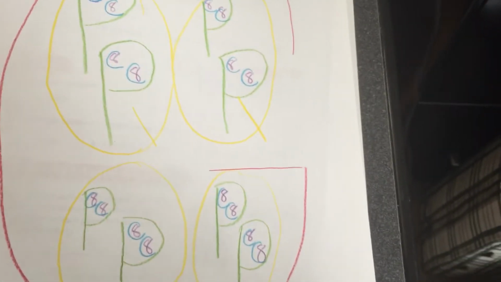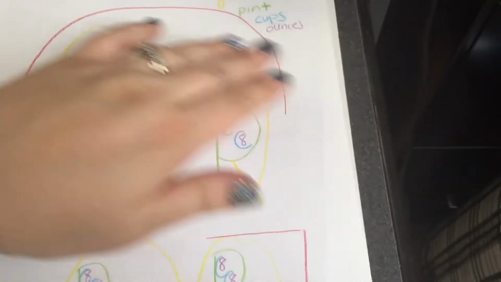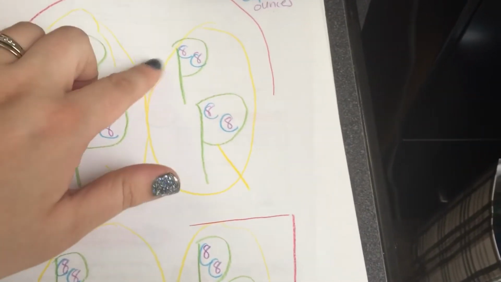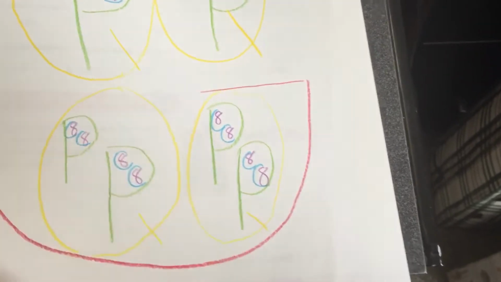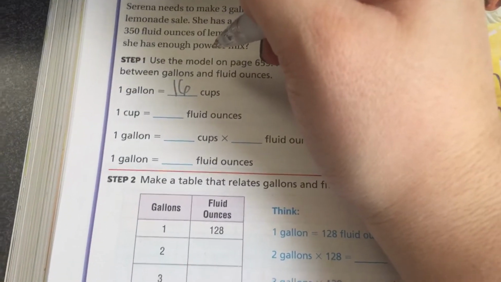So I gotta figure out 1 gallon is how many cups. So if I come over here to my G, okay, 1 gallon is how many cups? Well, in this whole gallon, all I have to do is count my C's. 1, 2, 3, 4, 5, 6, 7, 8, 9, 10, 11, 12, 13, 14, 15, 16. There are 16 cups in a gallon.